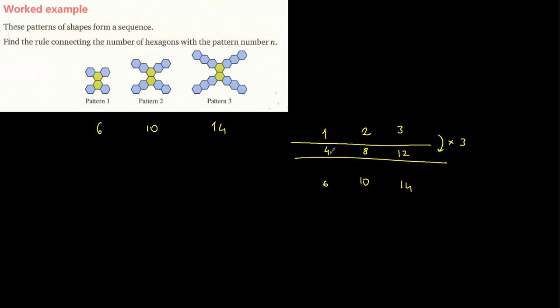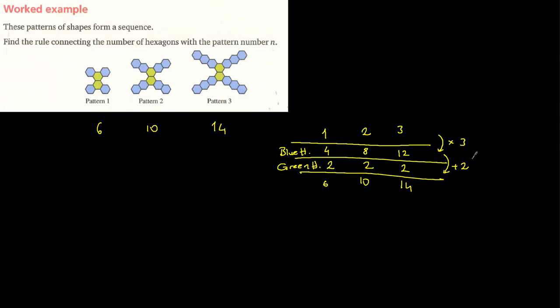From 4 to 6, you are always adding 2 green hexagons. The green hexagons for the first one are 2, for the second one 2, for the third one 2. So 12 plus 2 is equal to 14, 8 plus 2 is equal to 10, 4 plus 2 is equal to 6. So it's going to be plus 2 here.